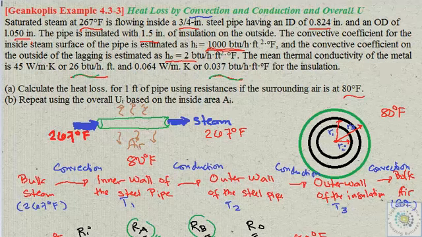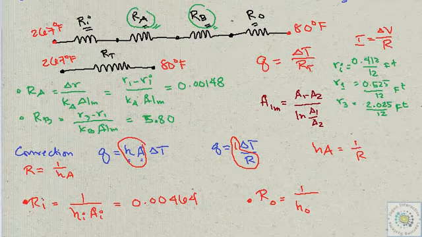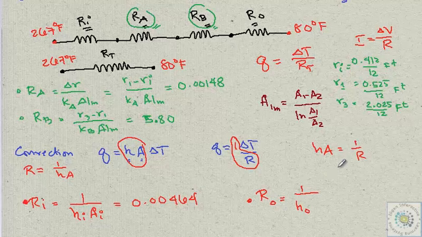So the cold air doesn't have that high a capability to transfer heat by convection. If you do the math for ho and for Ao, the outer area of your insulation, you get a value of 0.472.